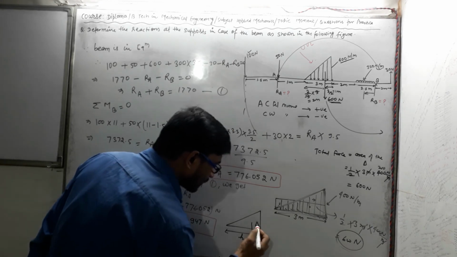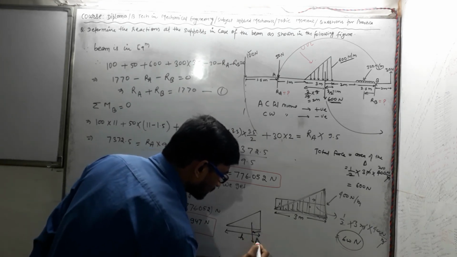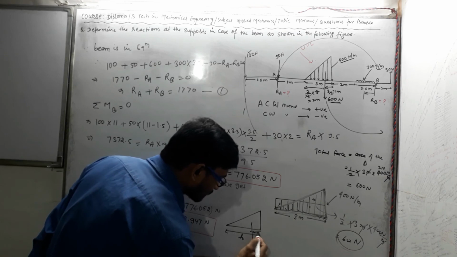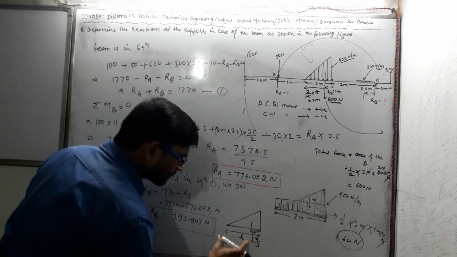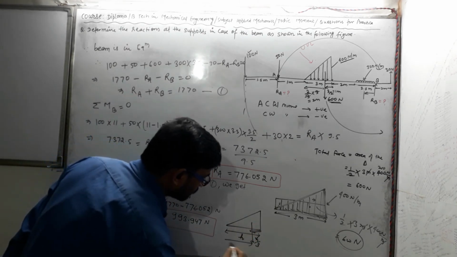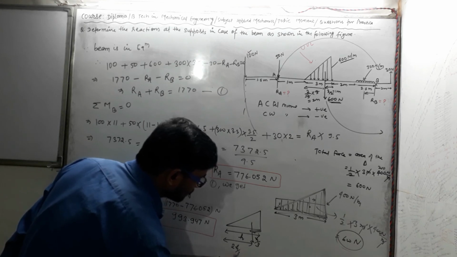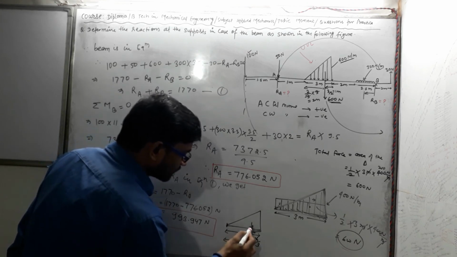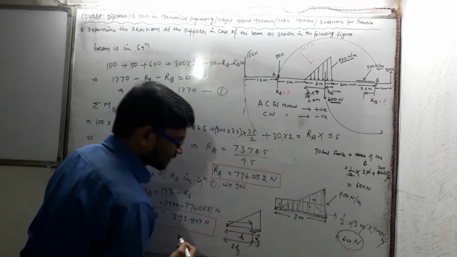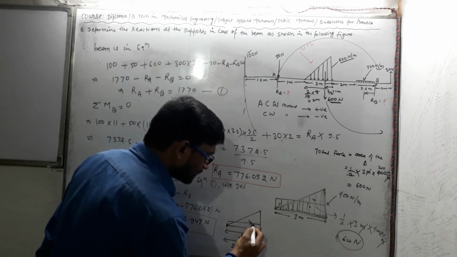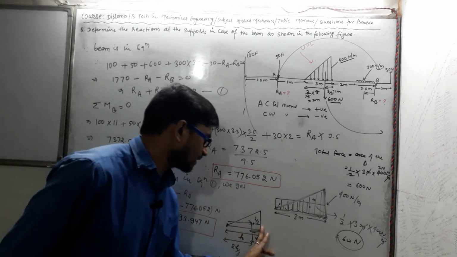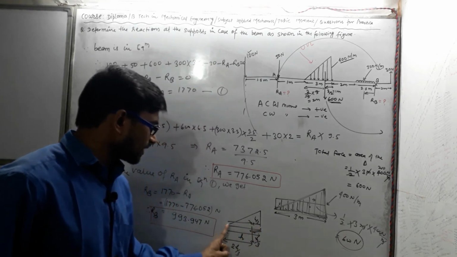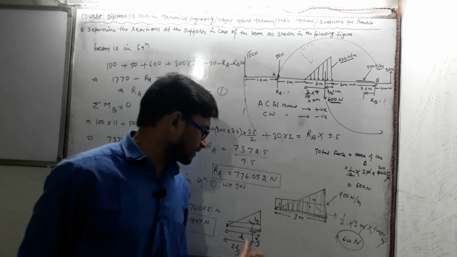This distance is 1/3 of the height, that is h by 3. So total amount is h, and this distance would be 2h by 3. From this point CG is 2h by 3 distance, and from this point CG is h by 3 distance. I hope it is very clear.